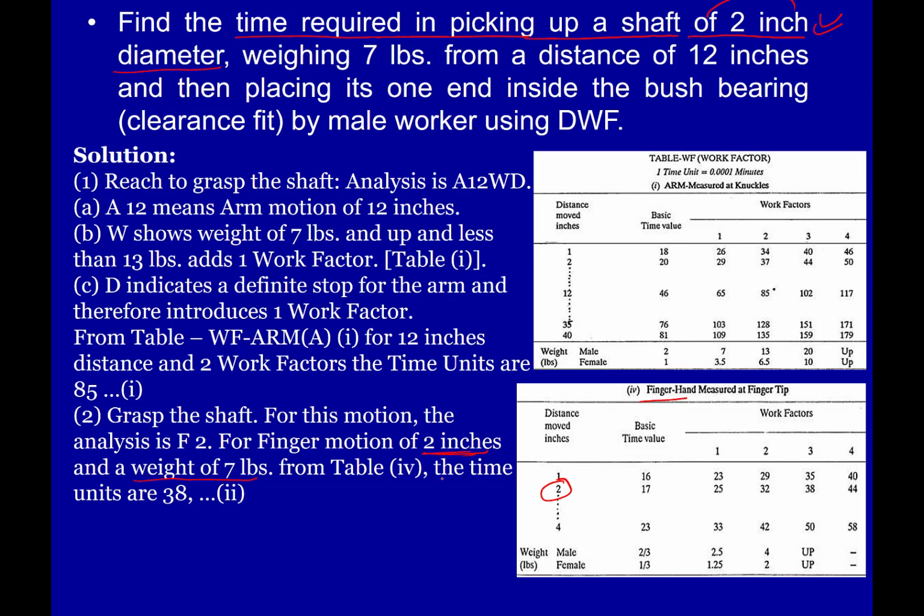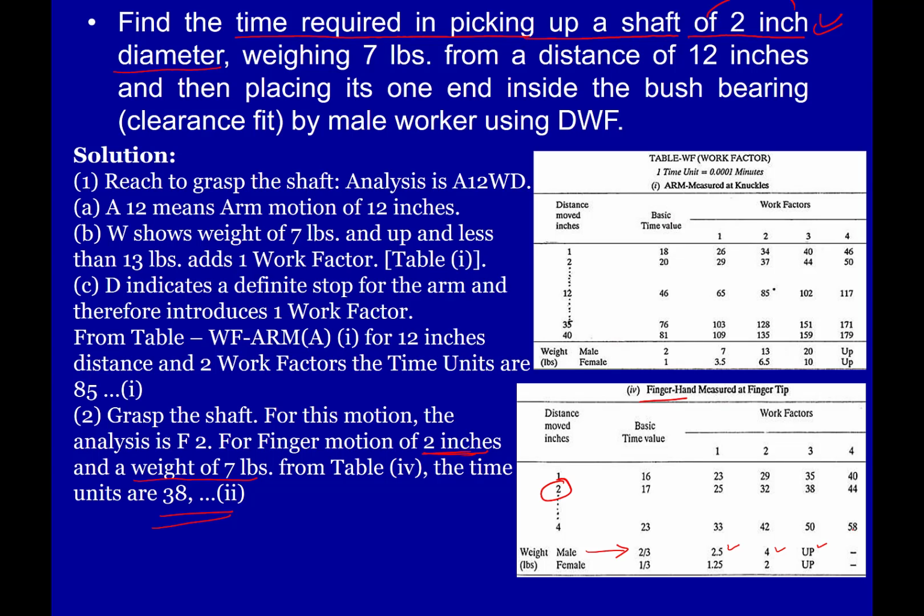From the table, the time units are measured against the weight to be handled by the fingers, like 2.5 pound, 4 pound, and greater than 4 pound is 7.